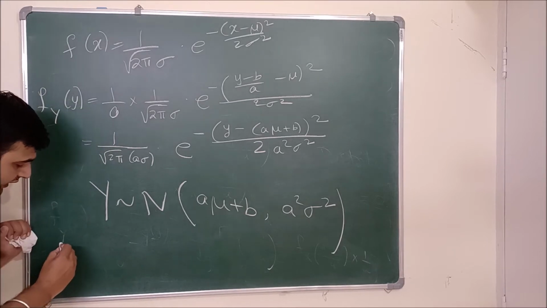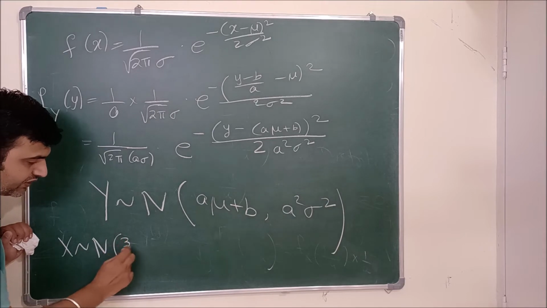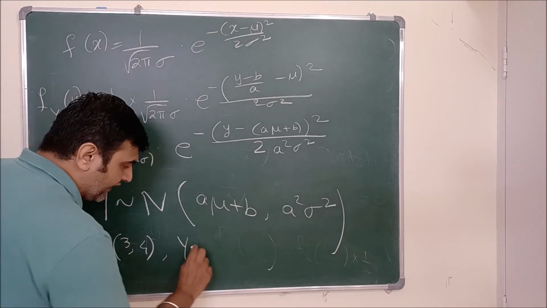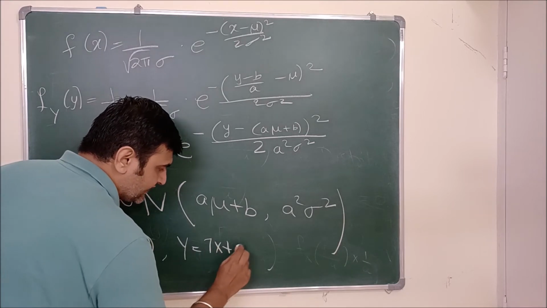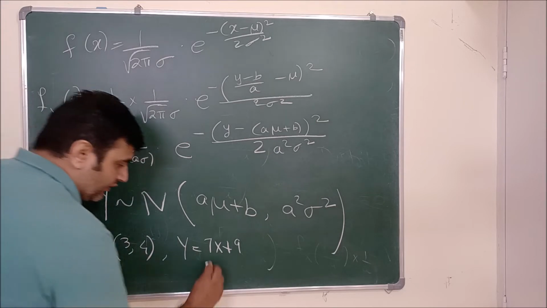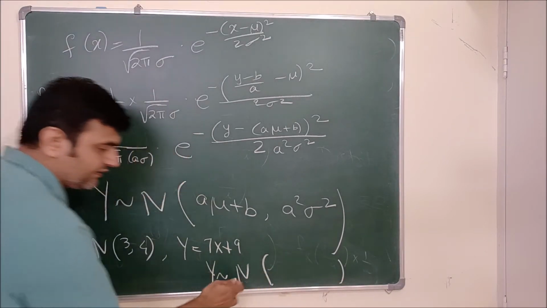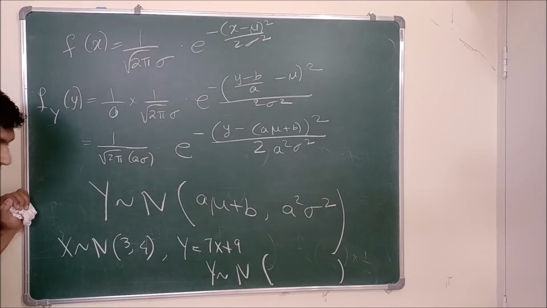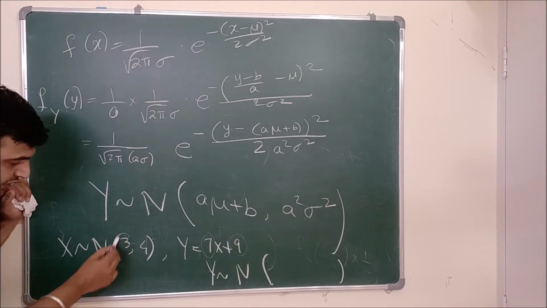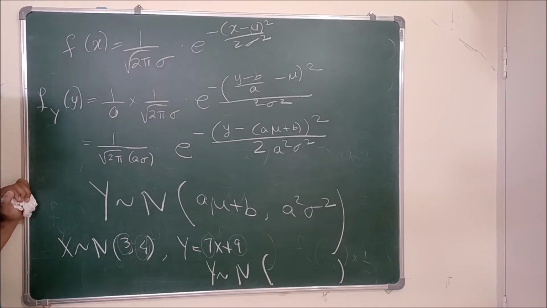So for example, if I say that x follows the normal distribution with mean 3 and variance 4, and if your y is 7x plus 9, the question is, what is the mean and the variance for the random variable y? So here your a is 7, your b is 9, your mu is 3, your sigma square is 4.